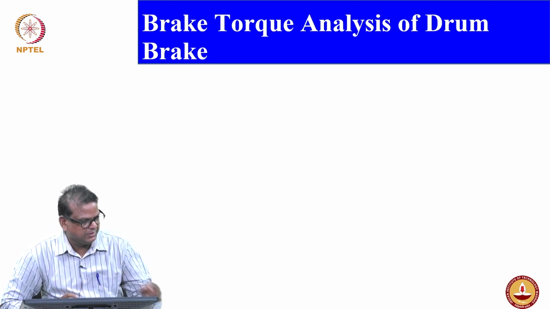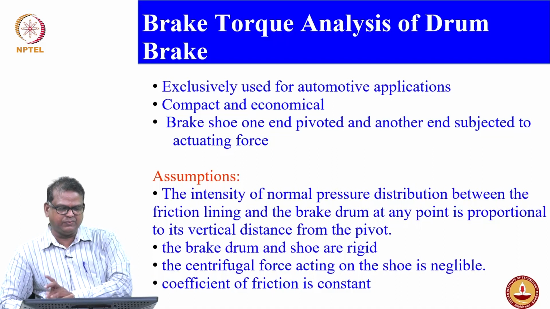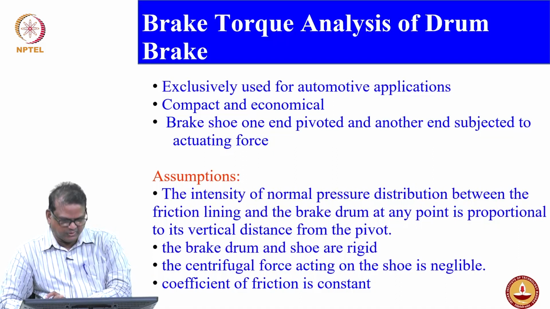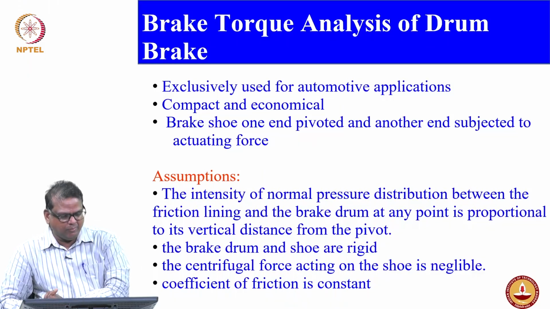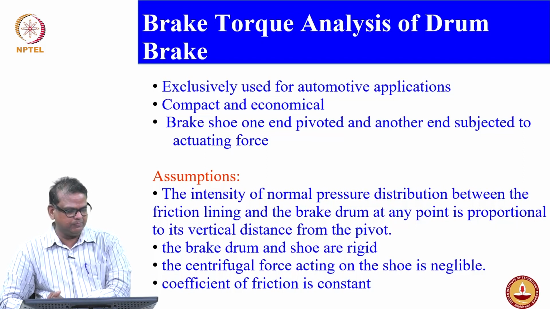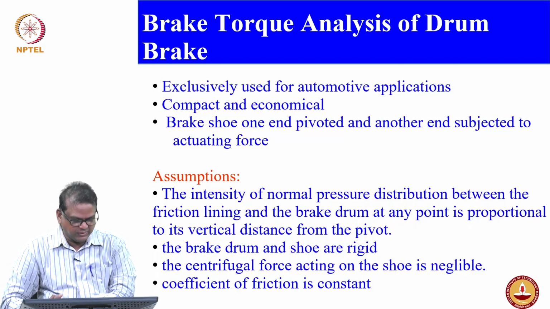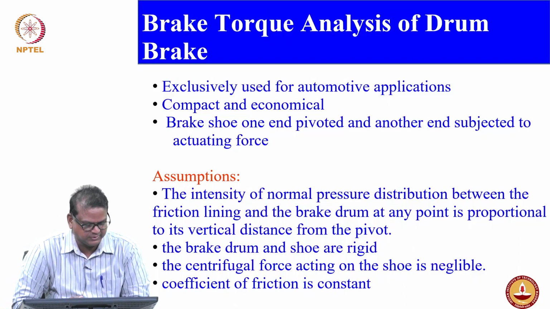These are the following assumptions. It is exclusively used for automotive application. I am talking about a drum brake, which is compact and economical. The brake shoe has one end pivoted and the other end subjected to the activating force. That is true. Before deriving the equation, these are the assumptions we need to consider.